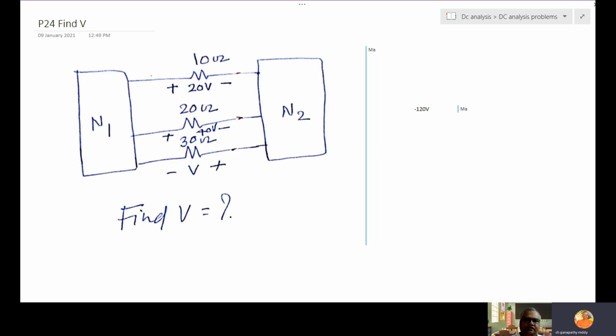What is the current in this branch? 20 by 10, 2 amps. Remember, in a resistor current always flows from positive to negative. In a source, negative to positive. Now the second branch, 40 volts. So what is the current here? 40 by 20, so 2 amps.